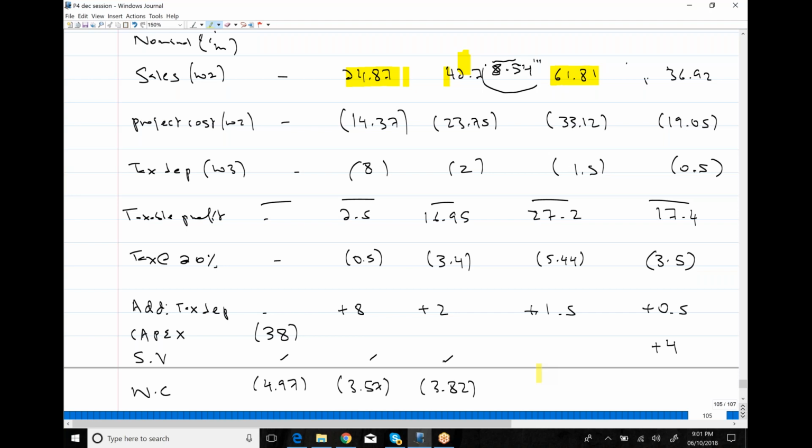If you just take 20% of this 36.92, that is going to be positive 4.98, right?